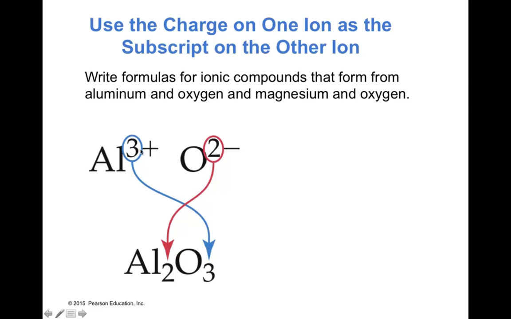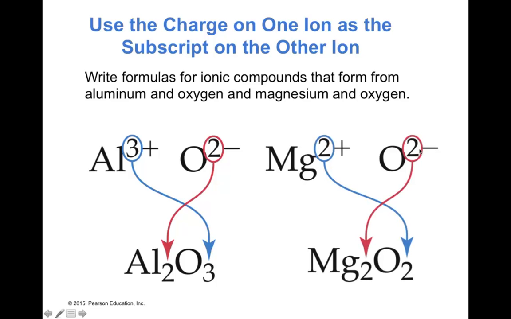Aluminum is +3, so this 3 is going to be the subscript of the oxygen. Oxygen is -2, and this 2, the magnitude of the charge, is going to become the subscript for aluminum. So the chemical formula for aluminum oxide is going to be Al2O3.